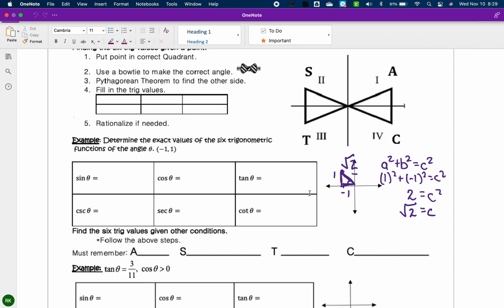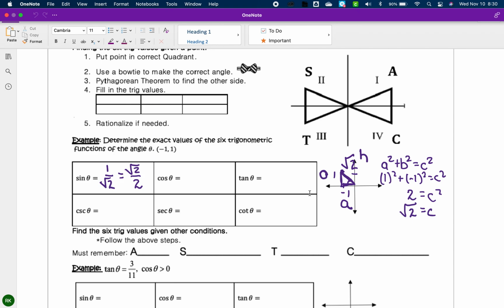Once I have a triangle, I'm going back to all that prior knowledge and I can fill in everything, right? So sine would be opposite, which here's your opposite, here's your adjacent, here's your hypotenuse if you still need to label those. Opposite over hypotenuse makes this 1 over square root of 2. Remember, it is not proper to leave it with a radical in the bottom, so when I rationalize, it becomes square root of 2 over 2.